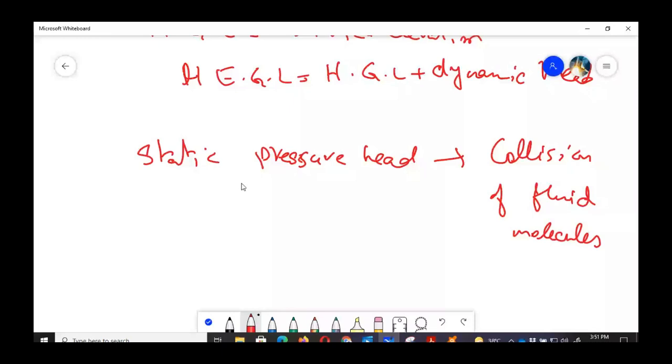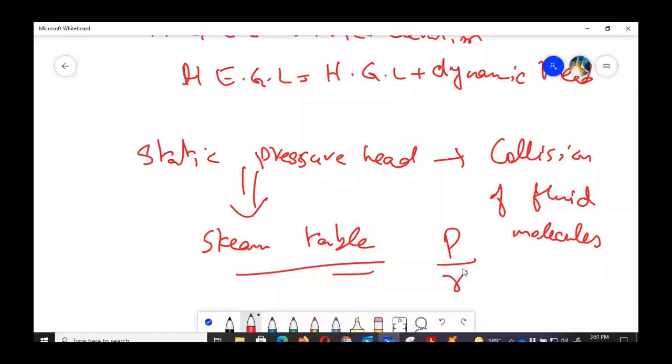So static pressure head is P upon gamma, and P is the pressure which you can see from the steam table.